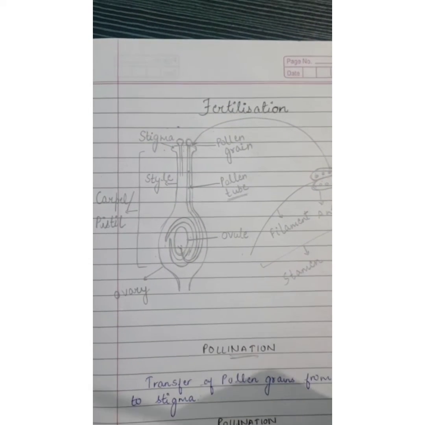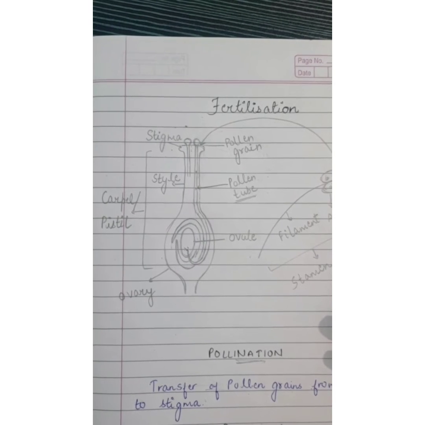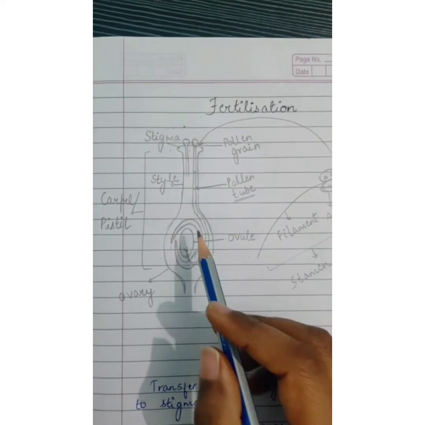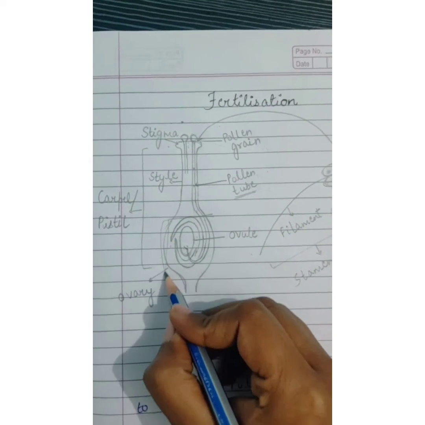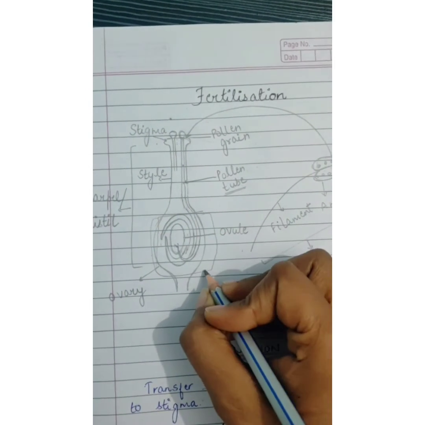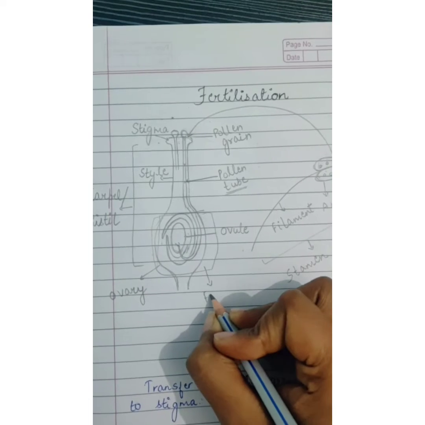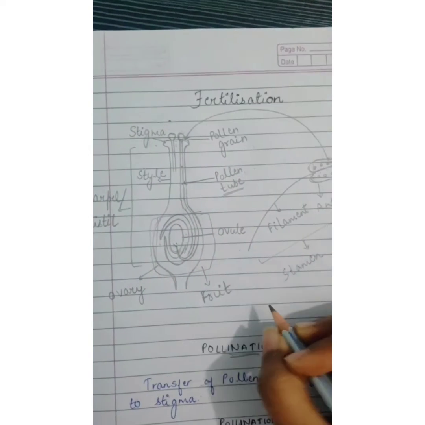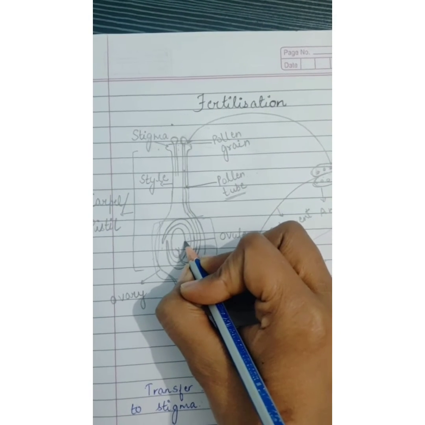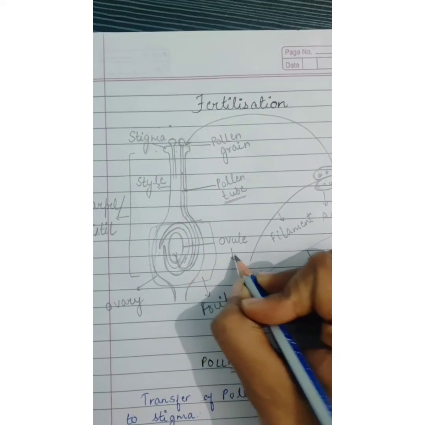Now, what will happen after fertilization? After fertilization, the ovary will turn into a fruit, and the ovules will turn into seeds.